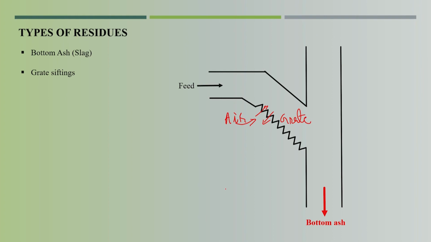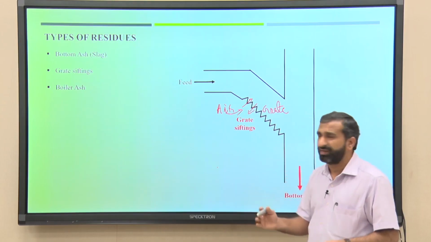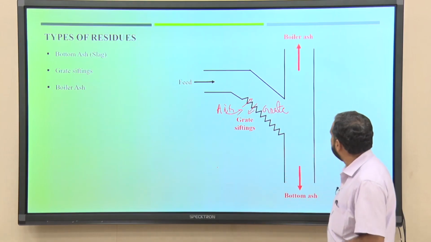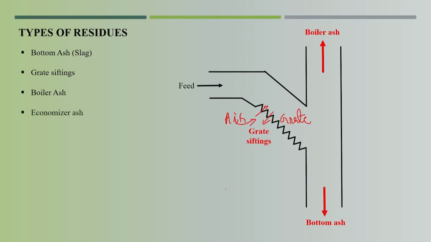Next is the boiler ash, because whatever heat is produced goes to the boiler to produce steam. From the boiler also a huge amount of ash is produced, which we call boiler ash. Next is the economizer ash, and I will talk about where it is produced, and fly ash.